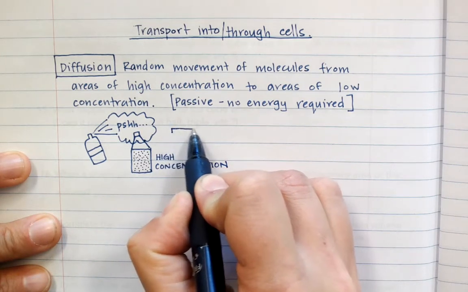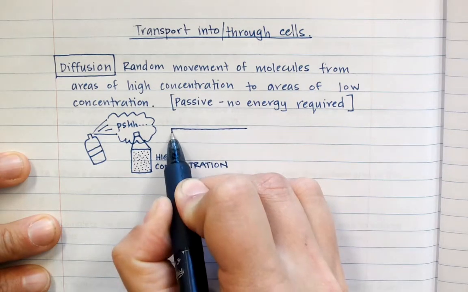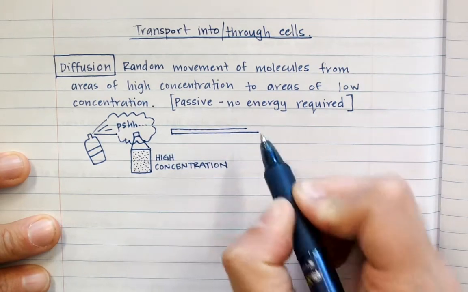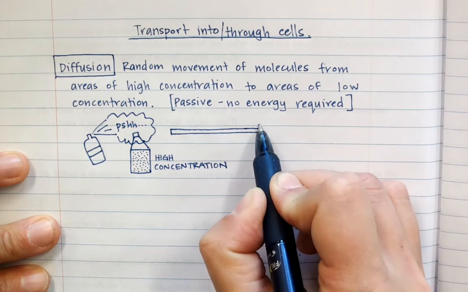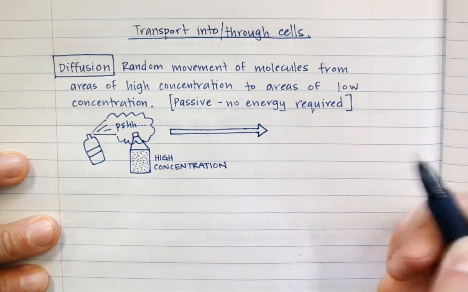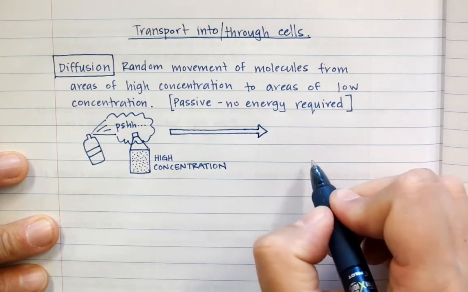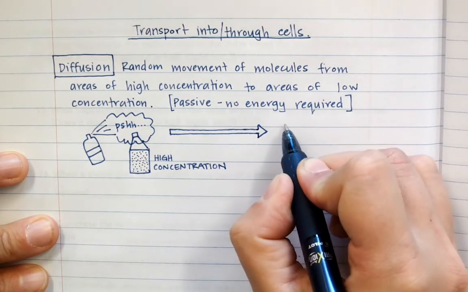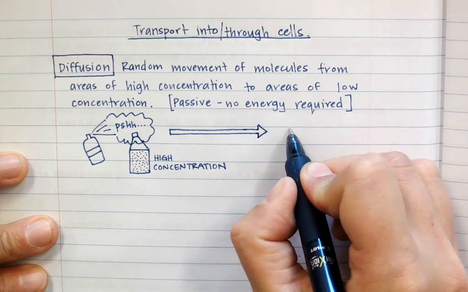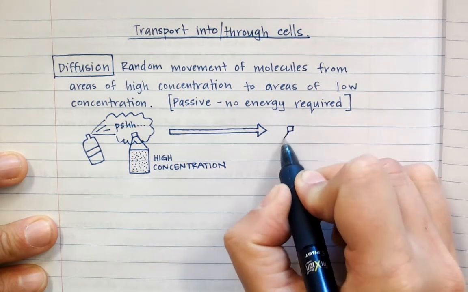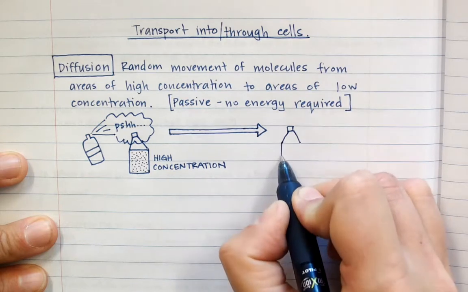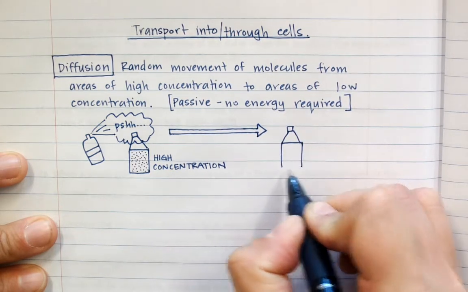But my overall movement, my net movement, is going to be from this area of high concentration towards my area of low concentration. So if I look at a zoom in of the air over here, we'll do our same little box setup.